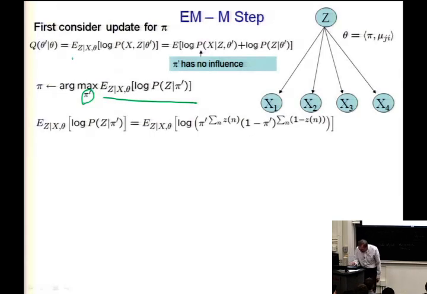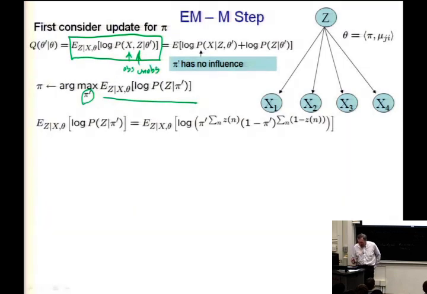Well, I guess I should underline this up here: the expected full log likelihood. And again, when I say full, I mean both for the observed and for the unobserved. Let's consider just first the pi. That's the prior, our estimate of the prior for z equals 1.